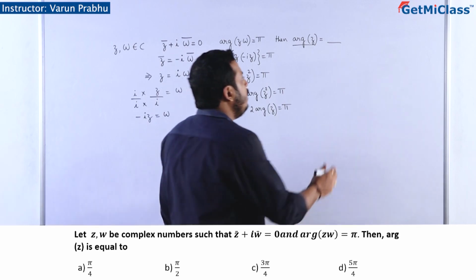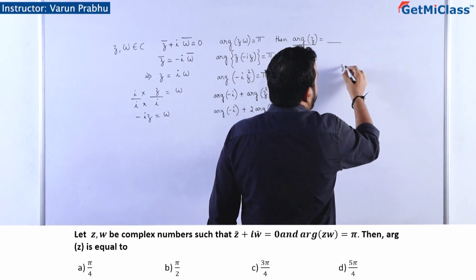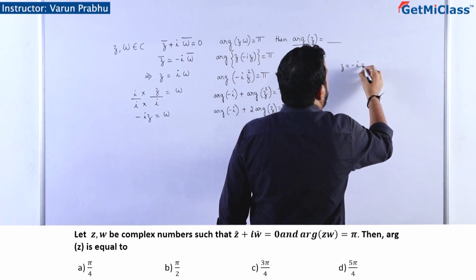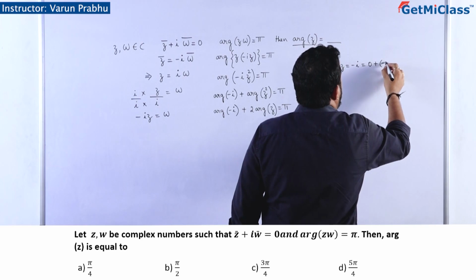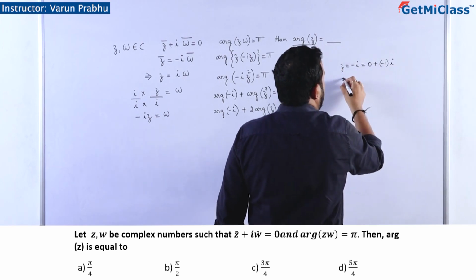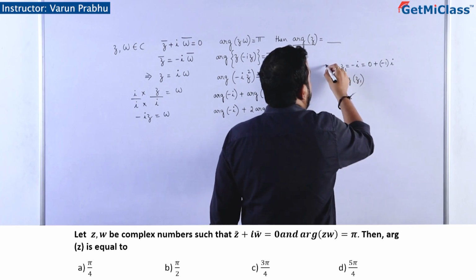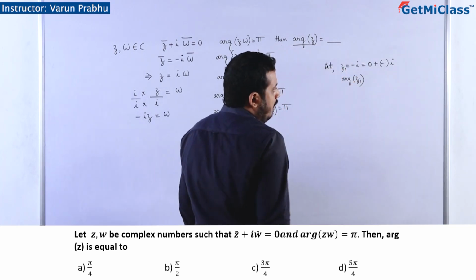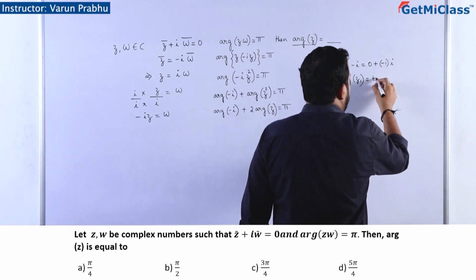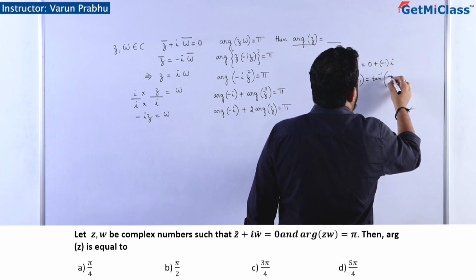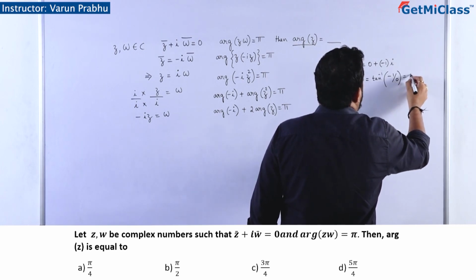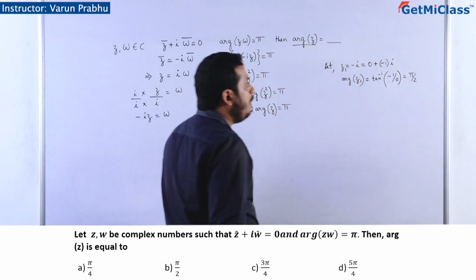Now what is the argument of minus i? Let z1 be equal to minus i, which can be written as 0 plus minus 1 times i. So the argument of this particular complex number, z1, is tan inverse of minus 1 divided by 0, that is nothing but infinity, which is nothing but pi by 2.